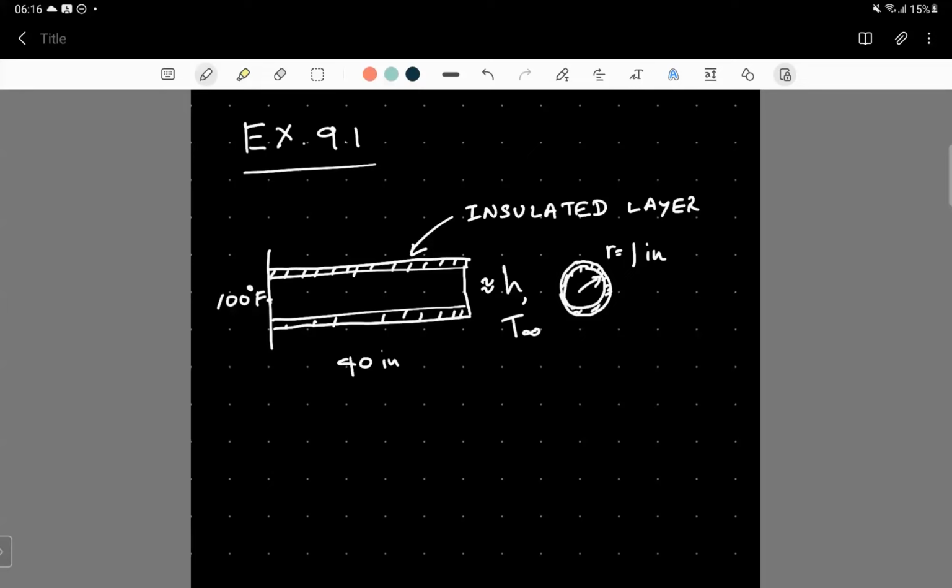So you are supposed to determine the temperature distribution along the length of the rod, and the boundary conditions given are the temperature at the left hand end, which is a constant 100 Fahrenheit, and the free stream's temperature of 10 degrees.